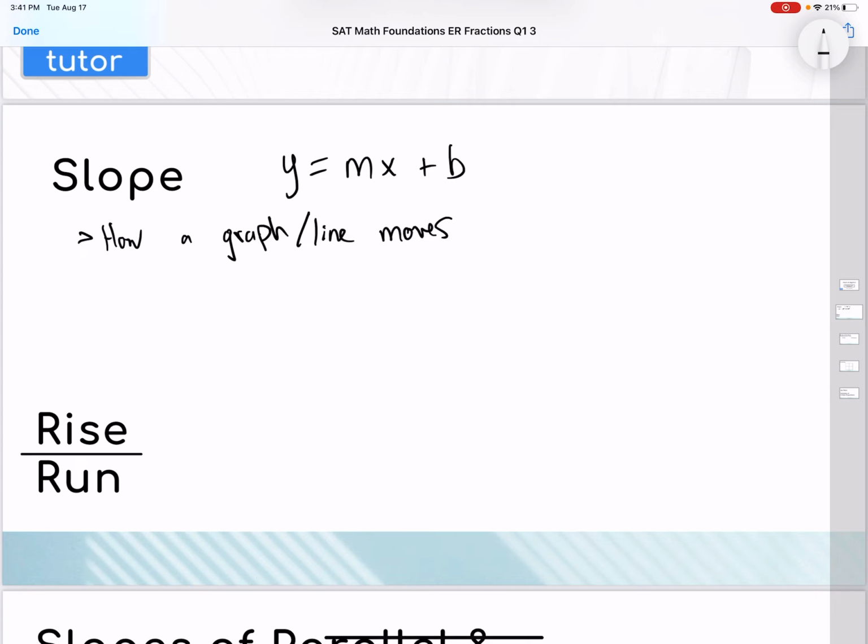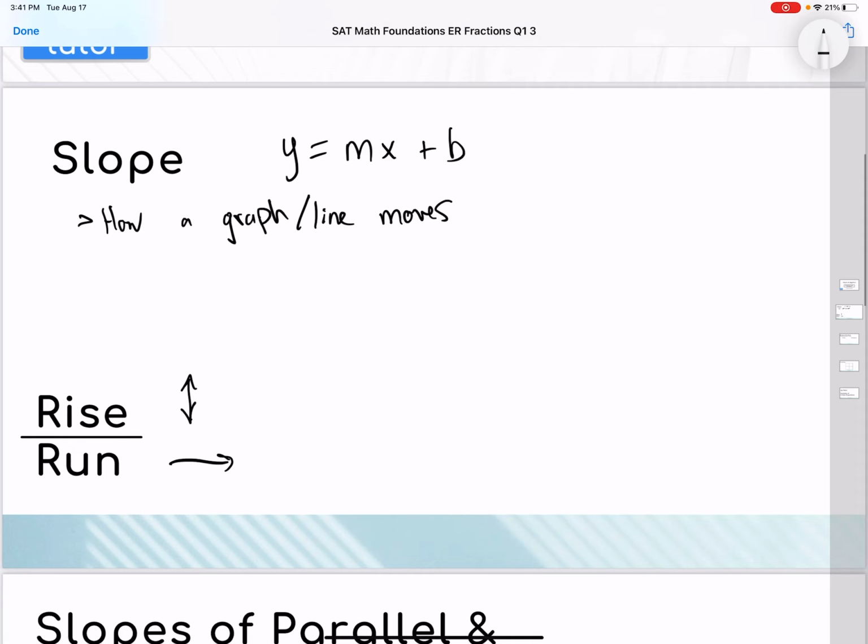That means we focus first on how many units we rise, meaning are we going up or down, and then we're asking how many units we are running to the right. For instance, if we had the equation y equals 3x plus 2, well, in the position of m is 3, right? And 3 as a fraction would be 3 over 1.